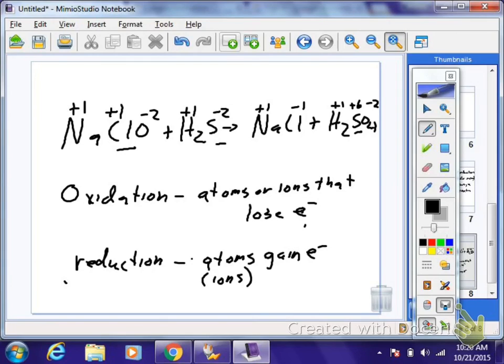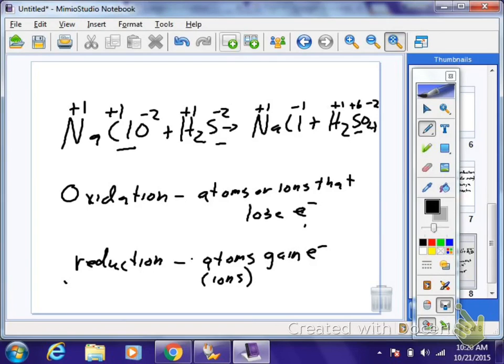So, which of these elements gain an electron up here? Look on the left, find their charge, look on the right. Is there any of these atoms that gain electrons? Chlorine, right? +1 to -1. To get to a -1, how many electrons does it have to gain? 2.